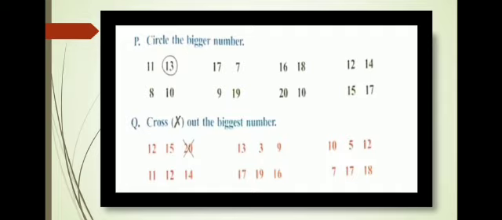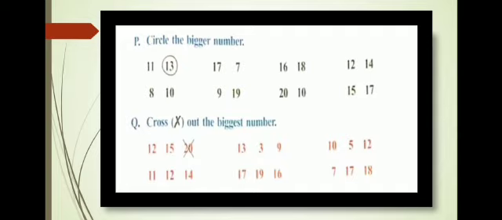Now see the next question. In this question, you have to cross out the biggest number. Here you can see a group of three numbers. Amongst the three numbers, you have to cross out the biggest one.